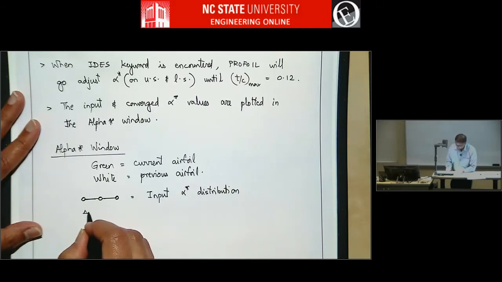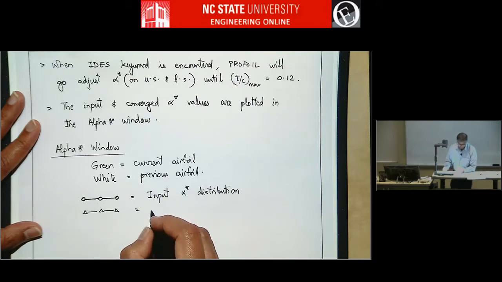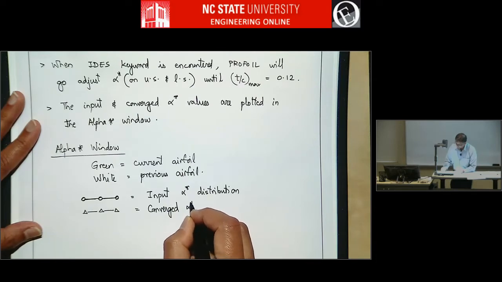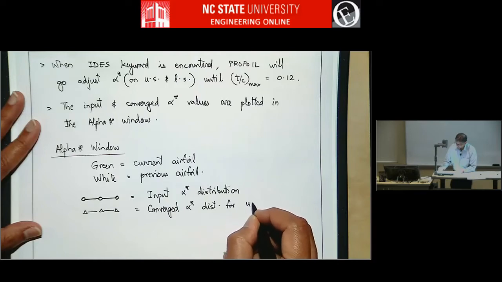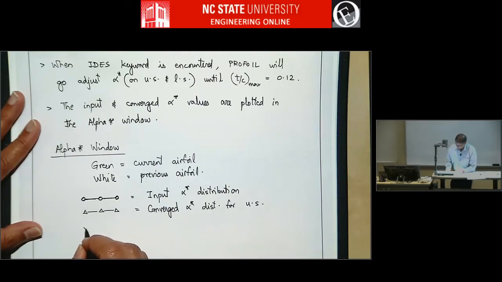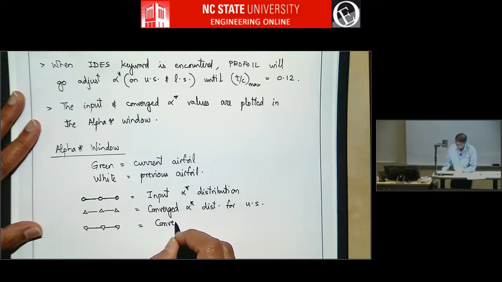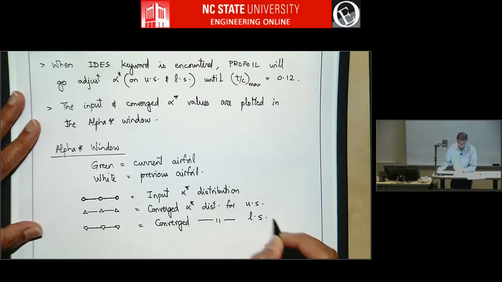And the line with the triangle, upper facing triangle, is converged alpha star distribution for upper surface, and with a lower facing triangle is converged alpha star distribution for lower surface.